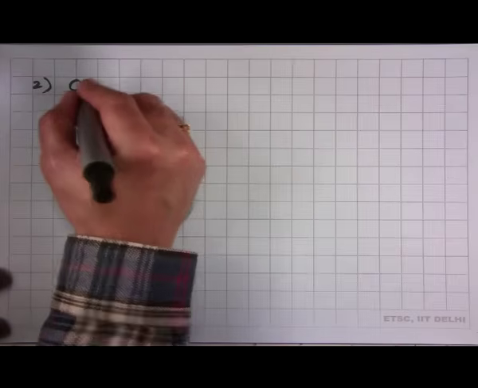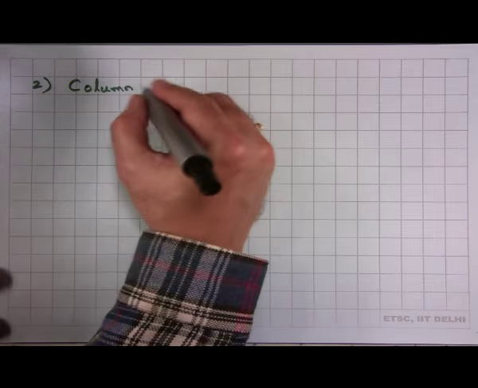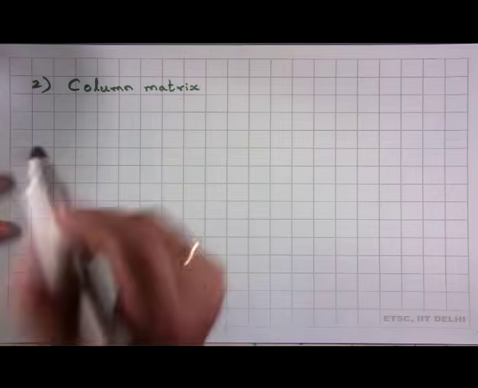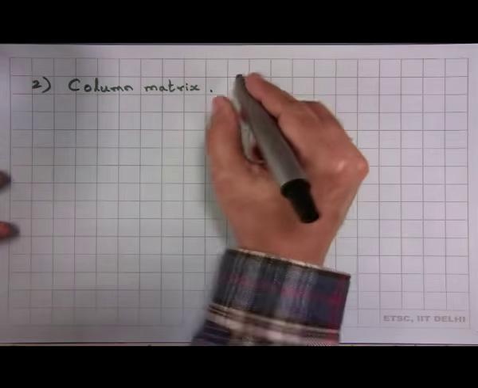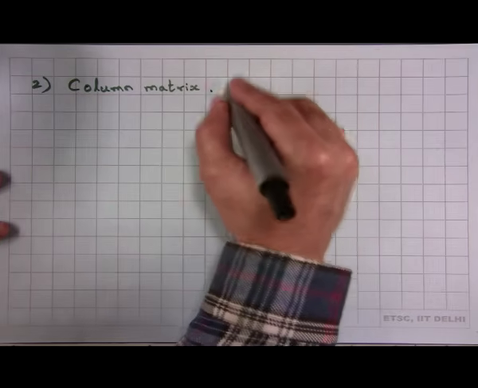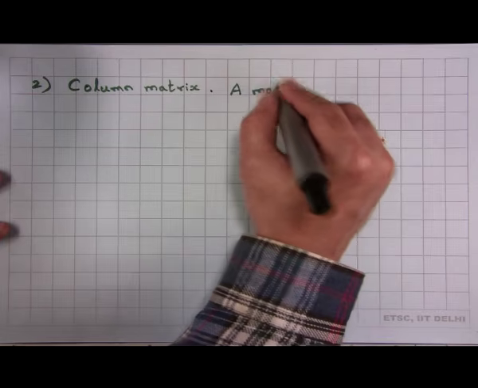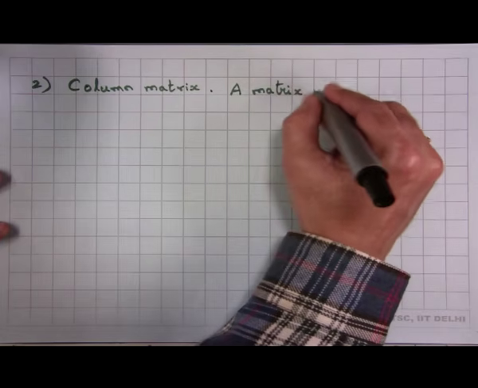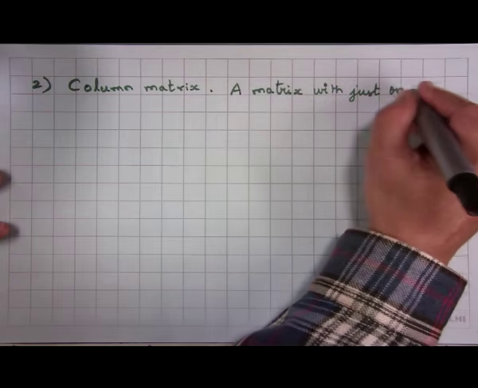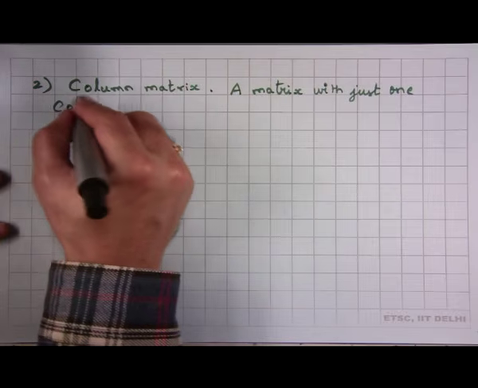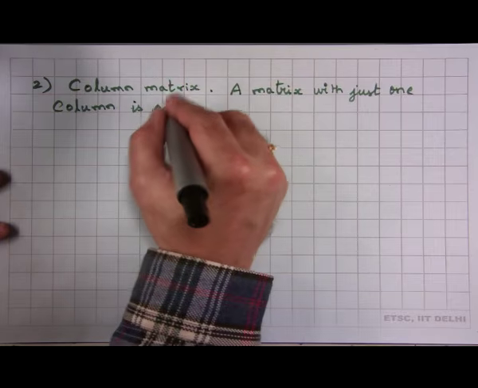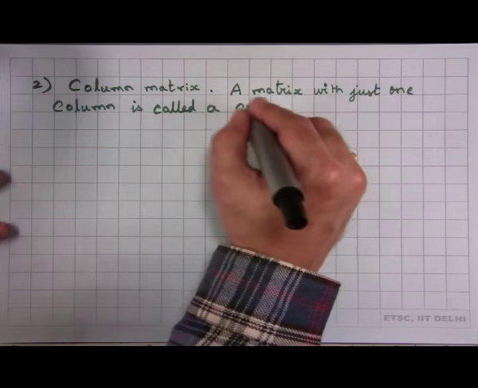A column matrix. So, what is a column matrix? It is similar to the row matrix, just a matrix with just one column. A matrix with just one column is called a column matrix.